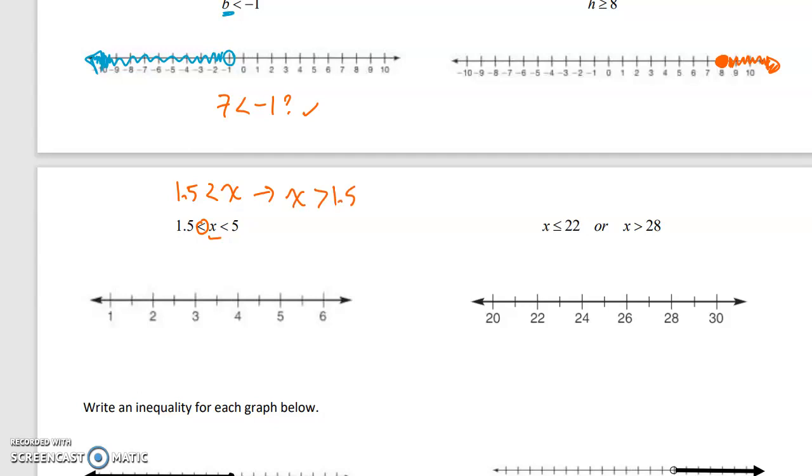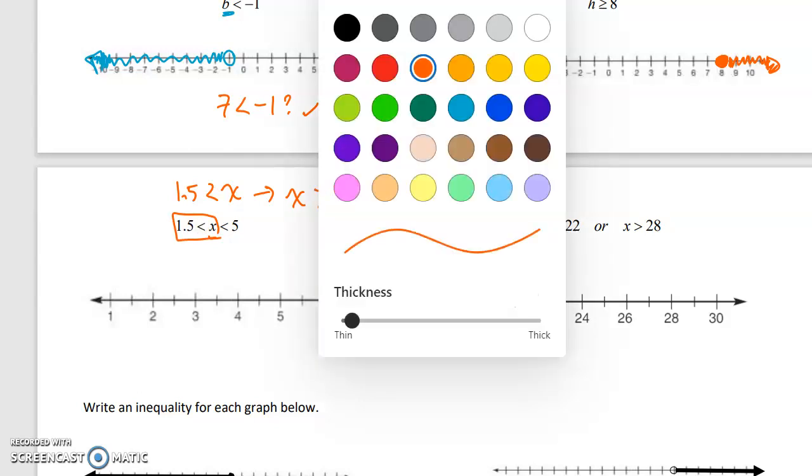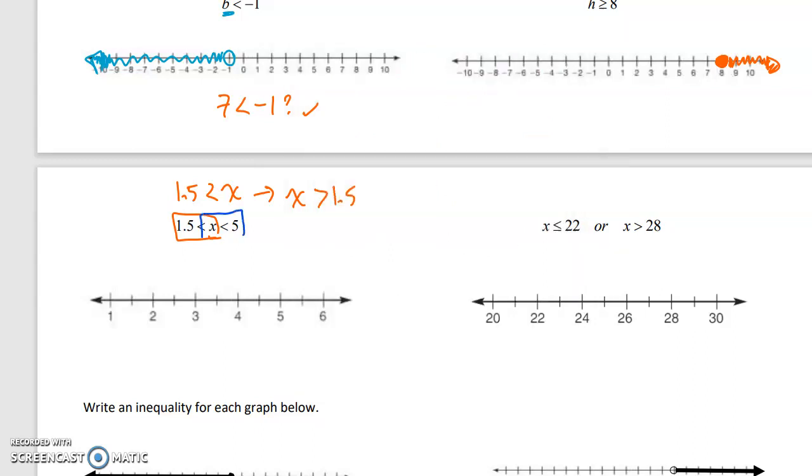So the X's are larger than 1.5. At the same time, they're also smaller than 5. Okay. We cannot equal either 1.5 or 5, so I'm going to put an open circle at 1.5 and an open circle at 5. And again, the X is in between these values.